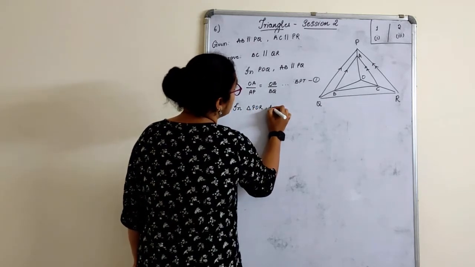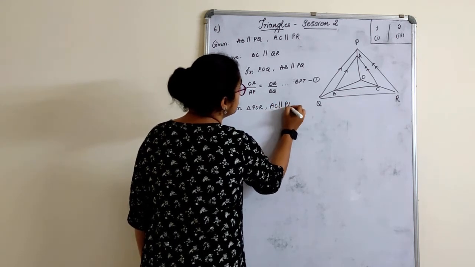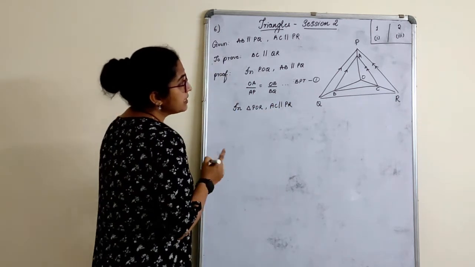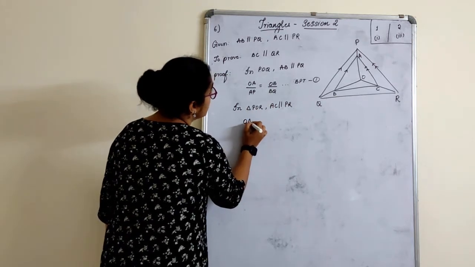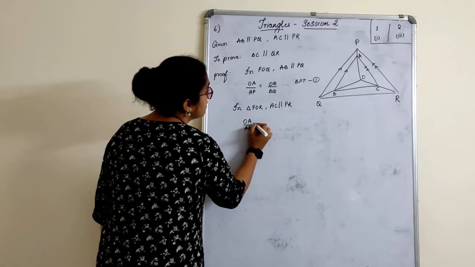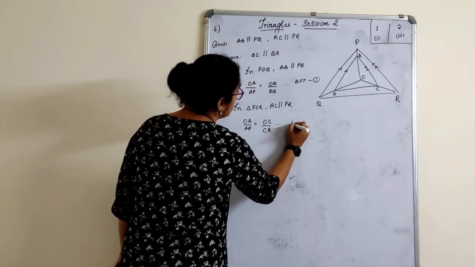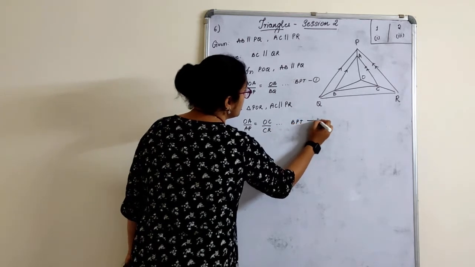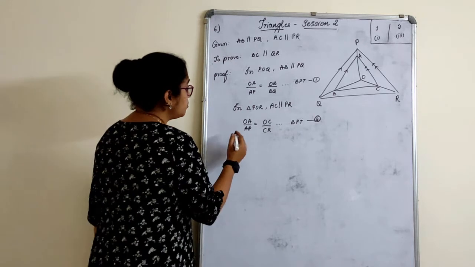AC is parallel to PR. So, if AC is parallel to PR, how do I write there now? OA upon AP is equal to OC upon CR. BPT, equation 2. So, things equal to the same thing are equal to one another.